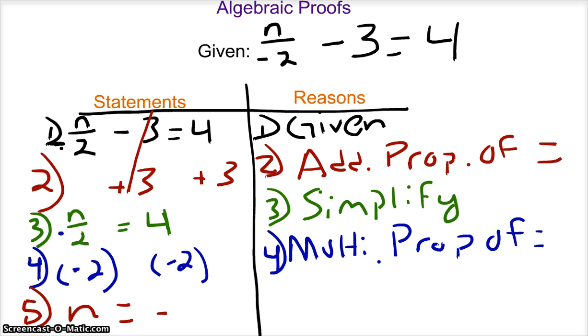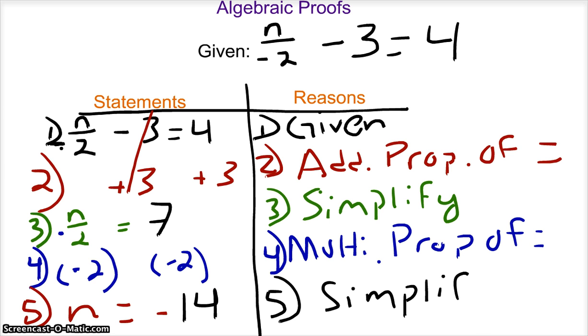Oh, you know what? I messed up. Hold on. Okay, I messed up. Hopefully y'all caught me. Okay, I don't mind being caught doing wrong. Let me know I'm wrong. Alright, so 4 plus 3, I was supposed to do that part, and that should have been 7. So then right here, I would have had 7 times -2, so my answer would be -14. And my final reason would be simplify.